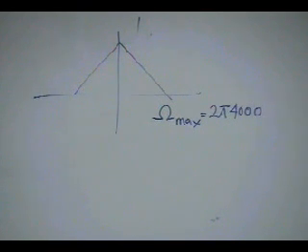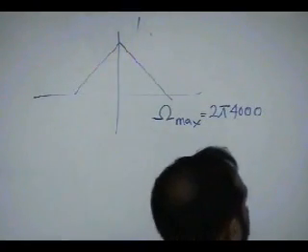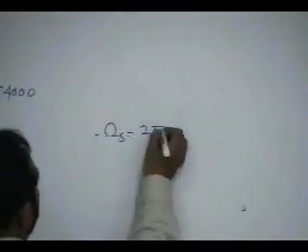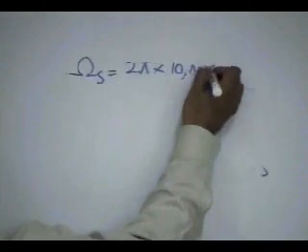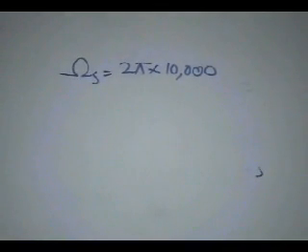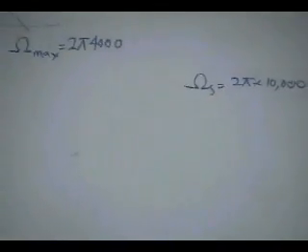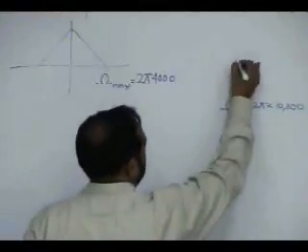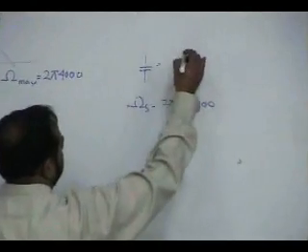So sampling at 10 kilohertz means omega s is 2 pi into 10,000. Okay, so these are the steps you need to follow. You say, okay, then it is capital 1 over capital T is what?